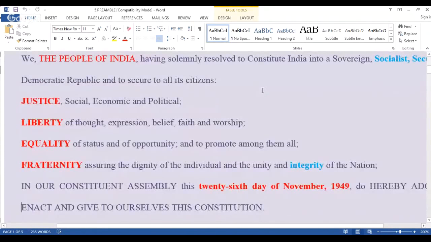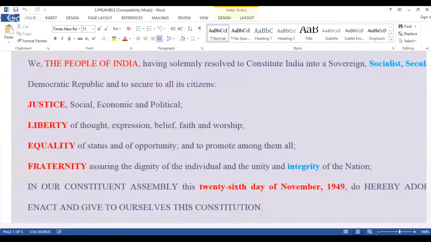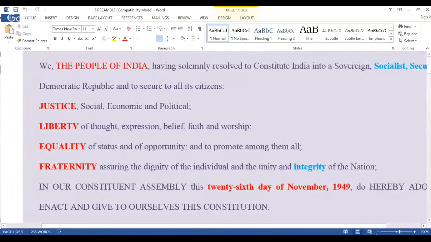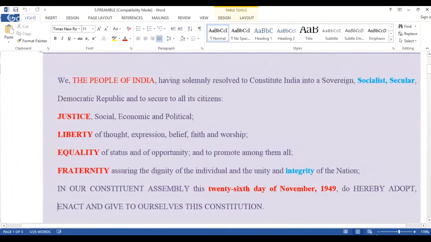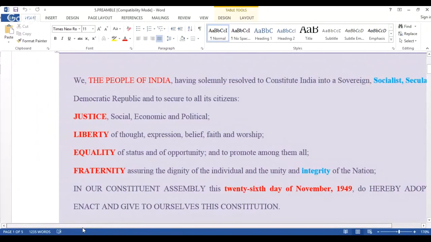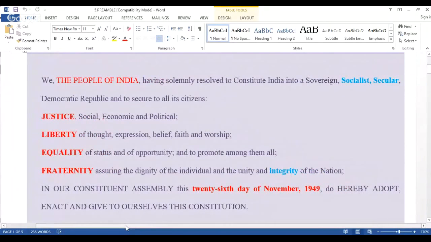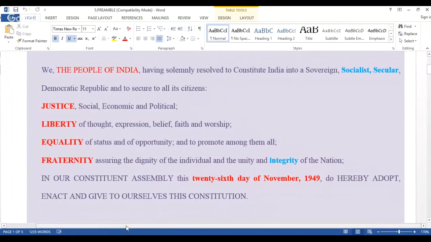Right. So, this is the whole preamble that you can see on the screen. Whole one you can see now very clearly on the screen.